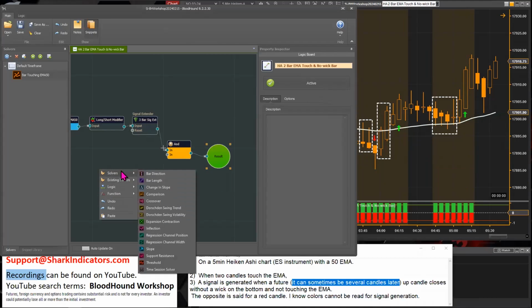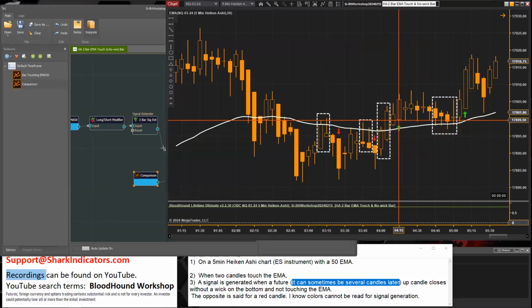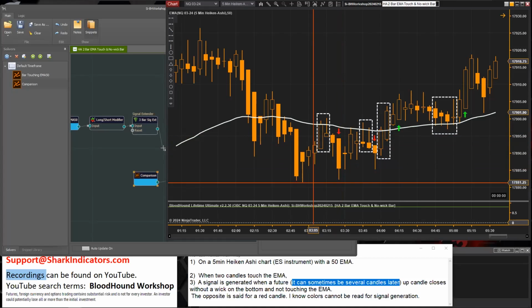So how do we identify if a bar has no wick? Again, it's a simple comparison. So if the low equals the open, then we know that there's no lower wick, right? And that's true for an up bar. It's also true for a down bar, right? If the high equals the open, then we know there's no upper wick, at least for a down bar, right?